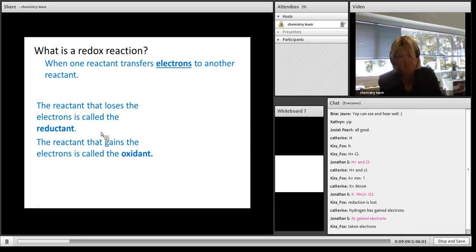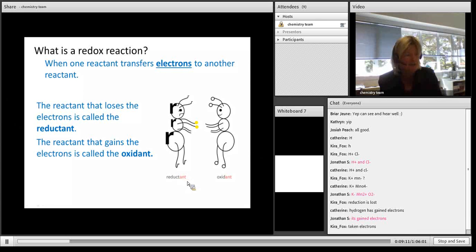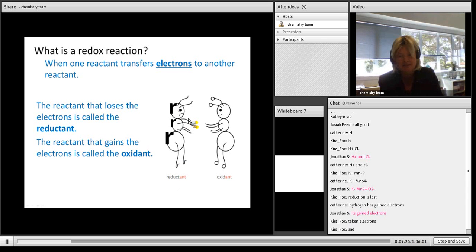And the way I picture it is with this. If you think of a reductant, it's one ant to the other ant, the oxidant. What I've tried to show is reductant starting with the R. Can you see that R in his mouth? Is this ant happy or sad? He's sad. If you think of an R, he's got a long mouth, he's sad. He's sad because he has to hand over his electrons.